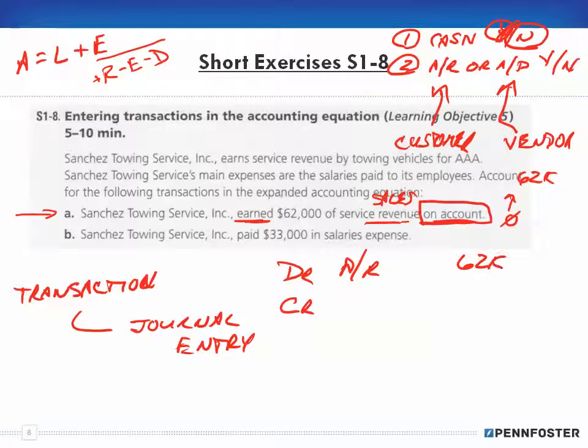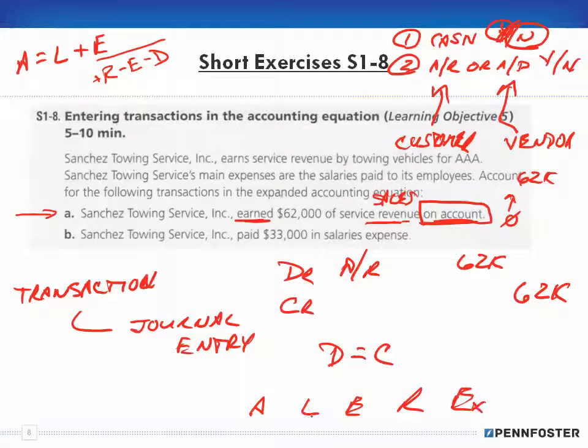Okay, and then we know that debits must equal credits, so I have to credit something else, right? And the question is what? Well, I look at my categories: assets, liabilities, equity, revenue, and expenses. And it's telling me I'm earning service revenue.